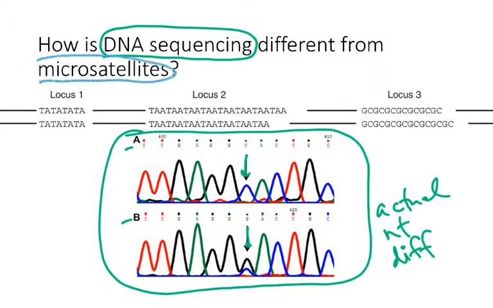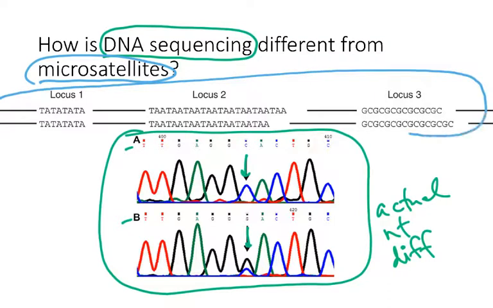With microsatellites, in contrast, really what we're looking at and are interested in is the differences in the number of repeats. So like we said when we talked about this in the previous video, that's how microsatellites differ from each other. It's not in their sequence. So if we're talking about this locus 2 microsatellite, everything is a repeat of TAA.